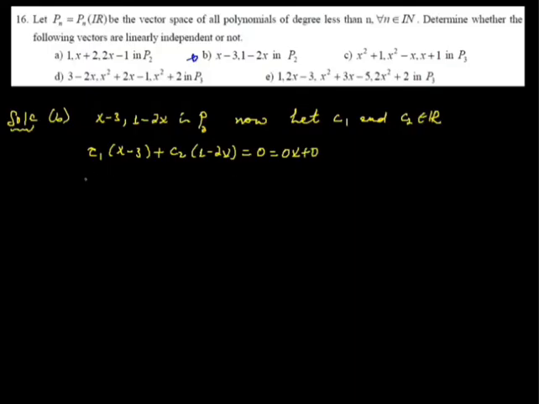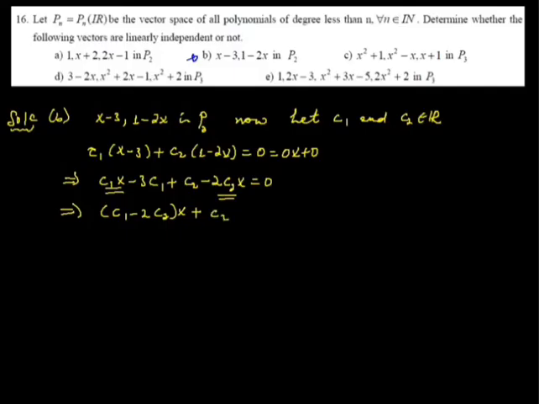okay so እነዚህ C1 እና C2 distribute እናደርግ. C1x minus 3C1 plus C2 minus 2 times C2x is equals to 0. okay ይሄ ምን ይሆናል ማለት ነው? collecting like terms C1 minus 2 times C2 እነዚህ like terms ናቸው times x plus variable free የሆኑት ደግሞ C2 minus 3C1 ይሆናሉ.